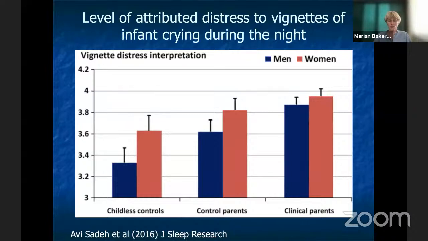And additionally, women demonstrated lower tolerance for infants crying on most measures compared to men. These results may suggest that parents of sleep-disturbed infants have a lower tolerance of infants crying, which in turn may lead to the development of infant sleep problems.